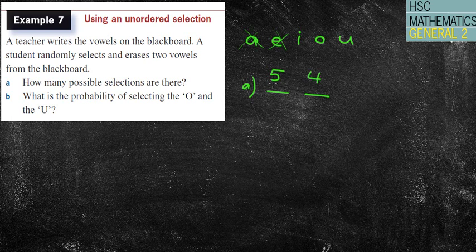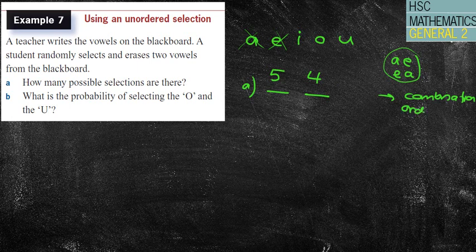Now, if this was a permutation where order mattered, that meant it mattered that I chose, let's say, A first, then E second, then that would be my answer. But remember, in this case, if I chose E and A, are they not the same combination? They are. Therefore, this is what we refer to as a combination.